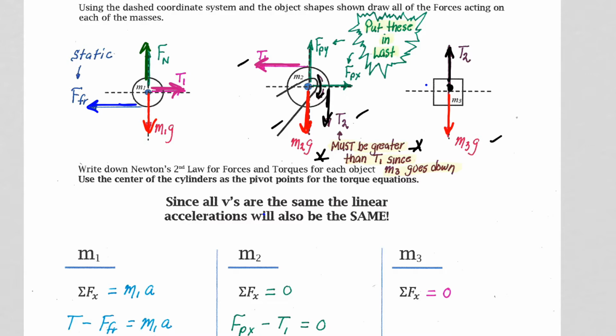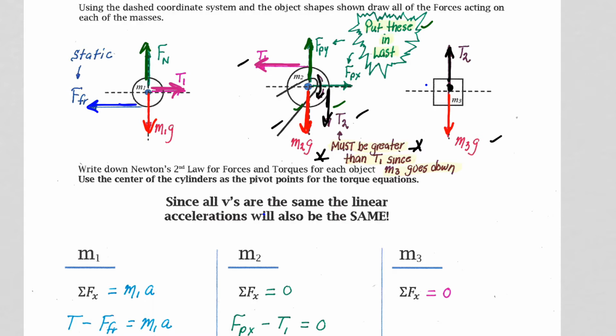Now let's think about what the pin is doing. I drew them in green because they are normal forces, and the reason I have to put these in last is, look, I have two down forces here. That pulley is not moving up or down, so we need a force acting up from the pin.